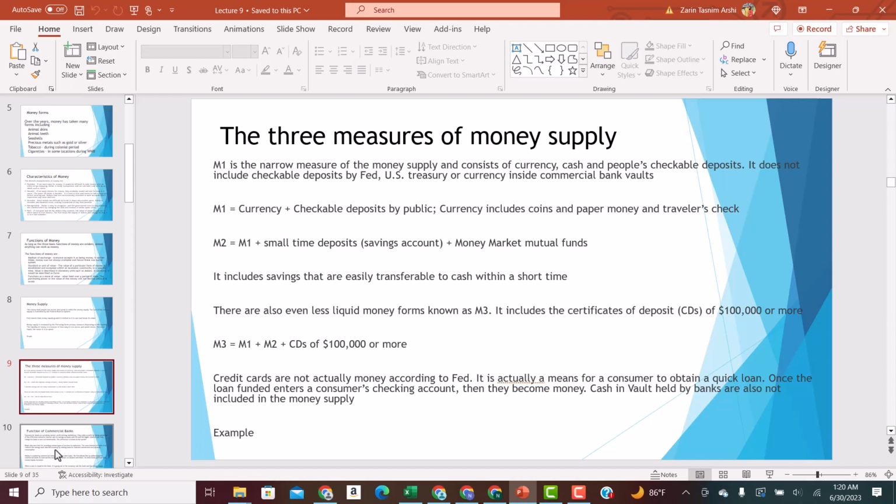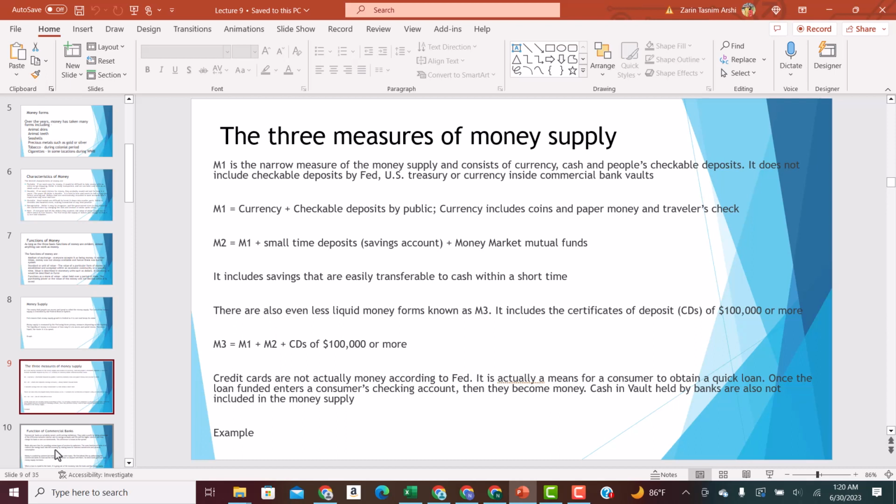You can also categorize money market mutual funds or IRA funds, like retirement funds, under M2. These are investment funds. M2 will also include CDs with a value of 75,000 or less.